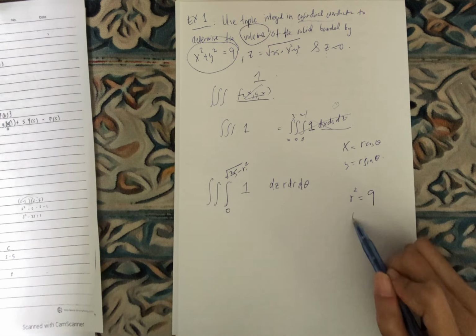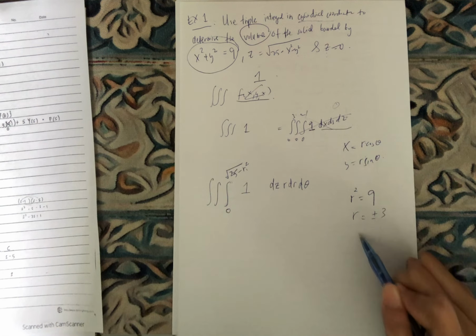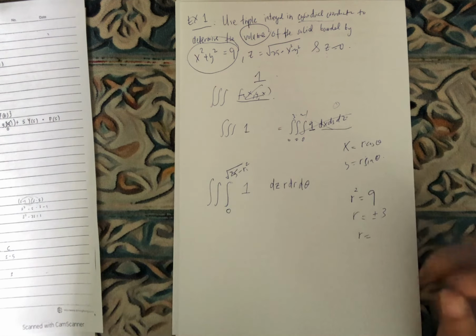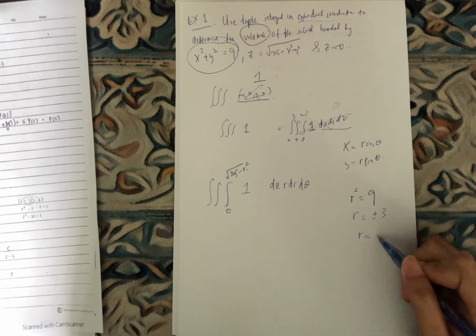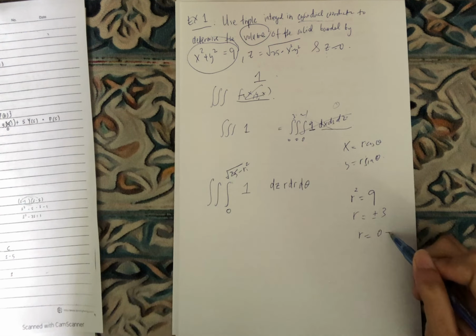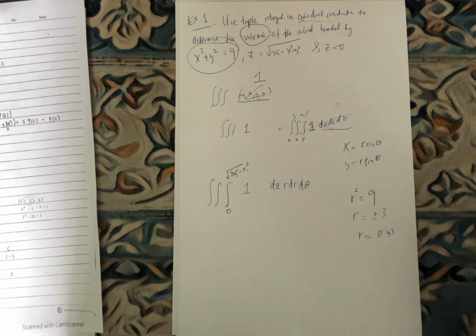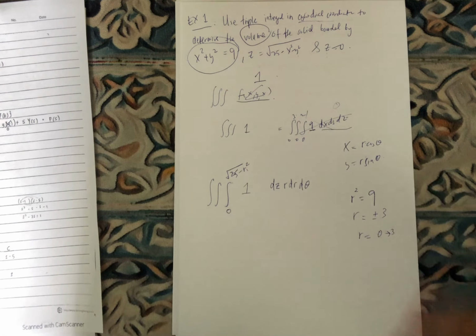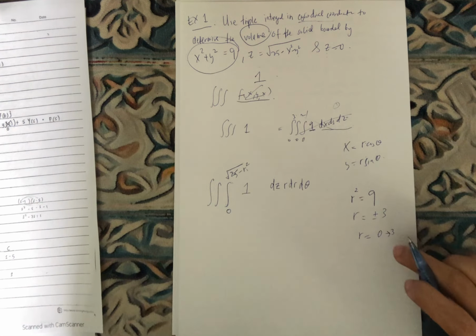After that, r equal to plus minus 3, and since r is a radius, which is a length, it's just a positive value. So we will consider from 0 to 3, taking the positive 3 and not the negative one.